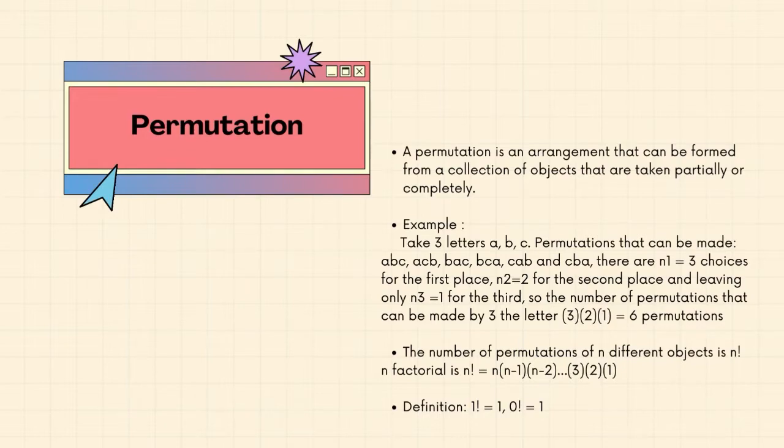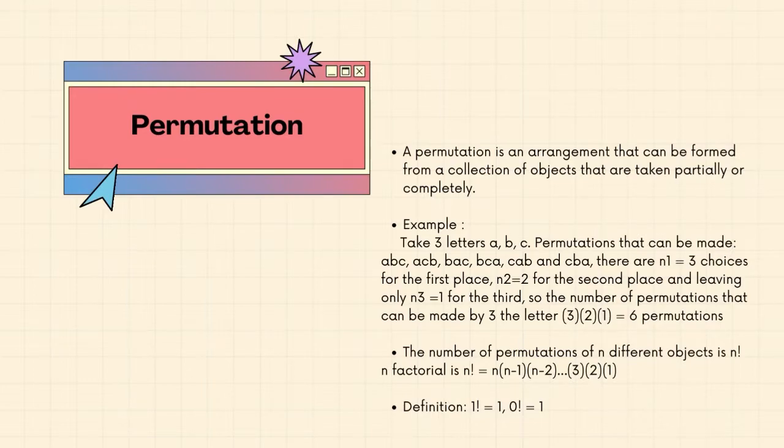There are N1 equals 3 choices for the first place, N2 equals 2 for the second place, leaving only N3 equals 1 for the third. So the number of permutations of three letters is 3 times 2 times 1 equals 6.